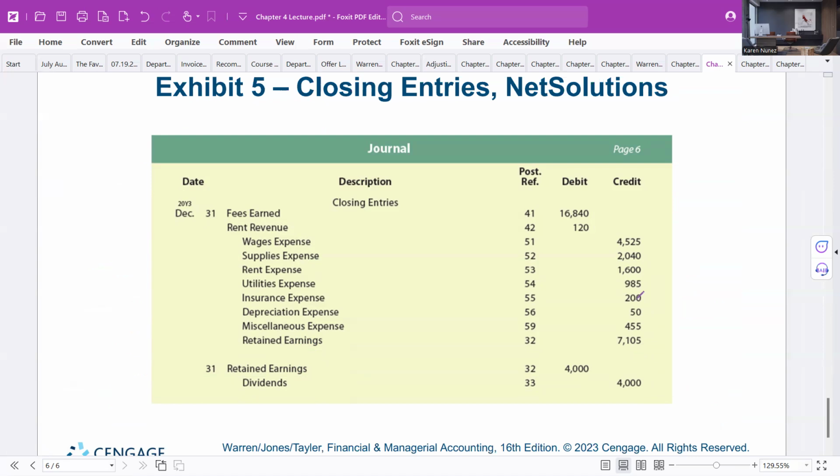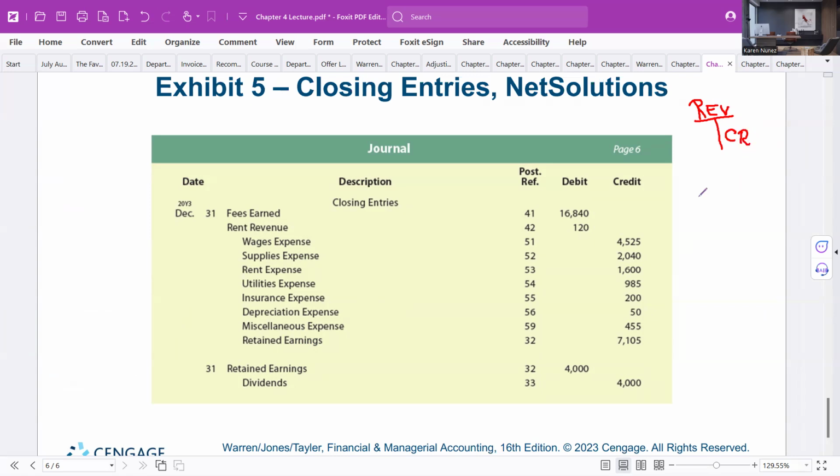Now, what do we mean when we say close the account? It means we want to zero out the balance. So, for example, if we have a revenue account, revenue accounts typically will have a credit balance.